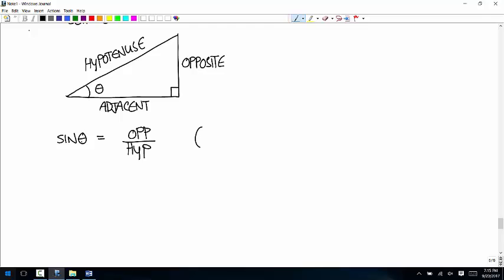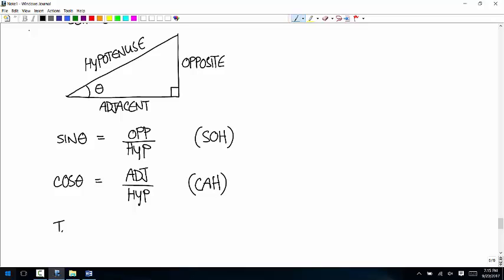So if you look at that equation, that's the SOH. The cosine of that angle is the length of the adjacent over the hypotenuse. So that's the CAH. Cosine is adjacent over hypotenuse.